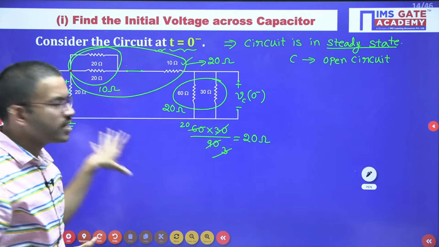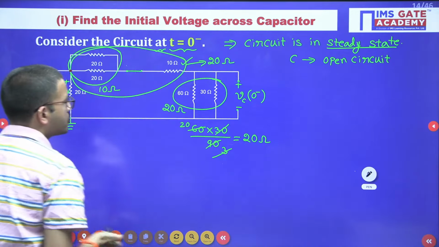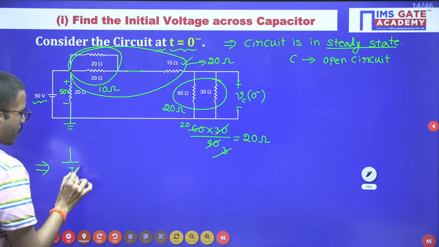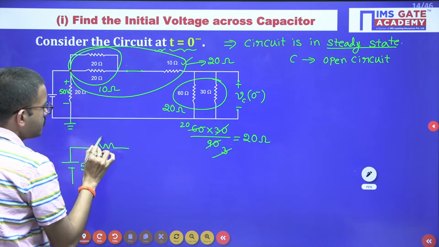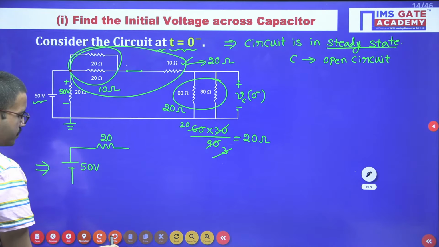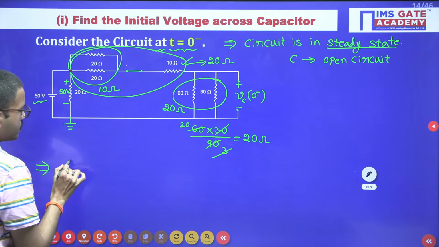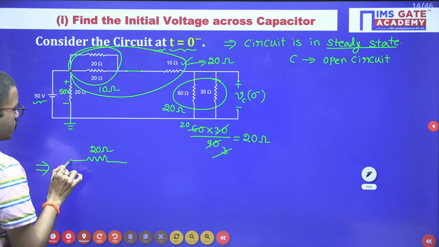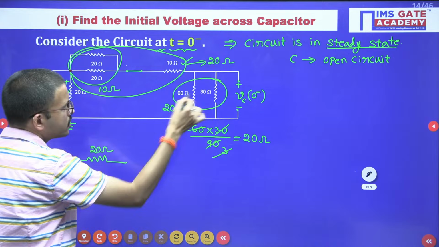Now if you observe this overall circuit, you are having here 50 volt, here 20 ohm, here 20 ohm. So just for understanding, I am just drawing the simplified circuit. 50 volt, then 10 ohm plus 10 ohm, that means 20 ohm you got. Here of course you are having 20 ohm. Here 20 ohm resistor is there. So for the time being, here I am considering the voltage source value, that is 50 volt. Next, here I got 20 ohm.